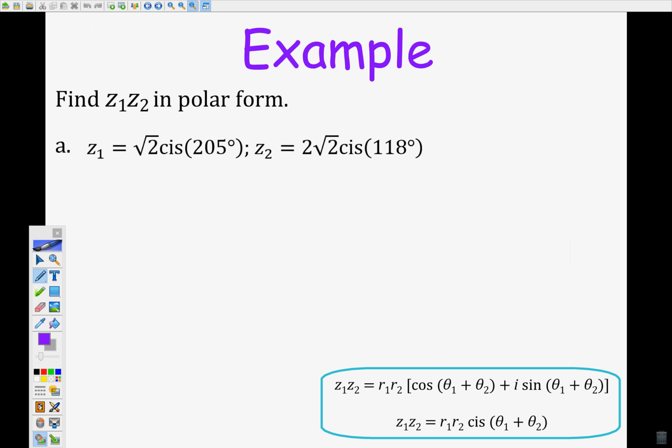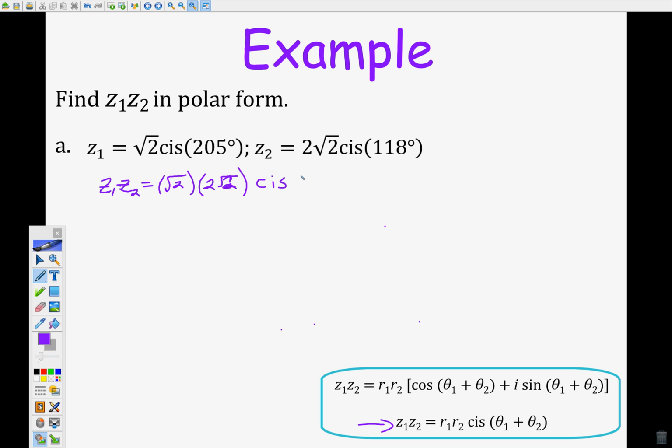So if we are going to multiply z1 times z2, it says I need to multiply r1 times r2. So that would be the square root of 2 times 2 square root of 2. And then I'm going to use this lower one here because it's always easier to write less, especially with this pen.